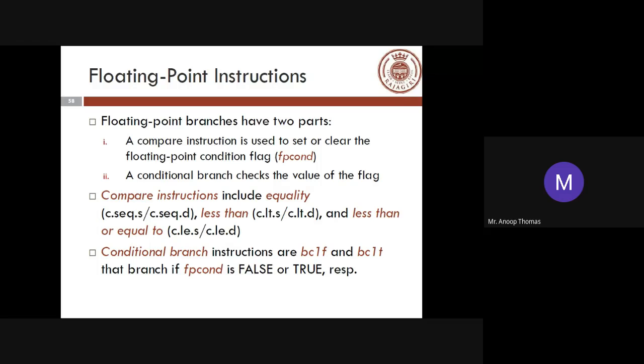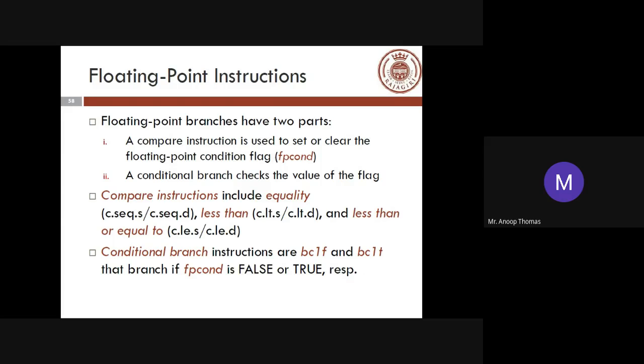Based on whether your result is false or true, you make a conditional jump, a conditional branch, to a particular point. That is, if this condition holds, you move to this point. It's the usual if-else statement, which can be implemented in floating point instructions as well using a condition flag called FPCOND.